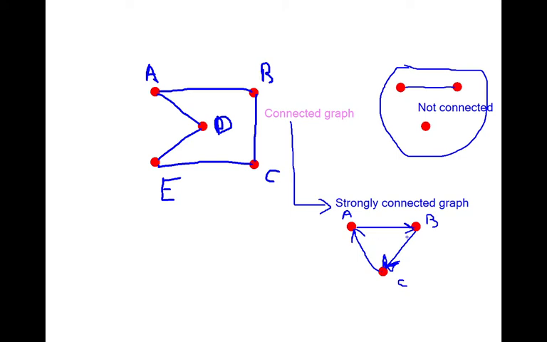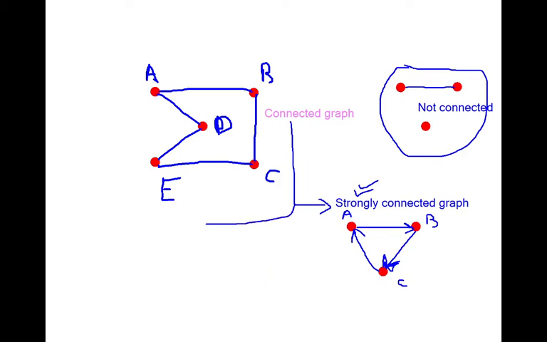Similarly, from B I can go to C, and from B using this edge I cannot go to A, but no problem. From B I go to C, and then from C I go to A. So every node is connected with every other node, plus the edges in the graph are directed as well. So this particular graph is called a strongly connected graph.